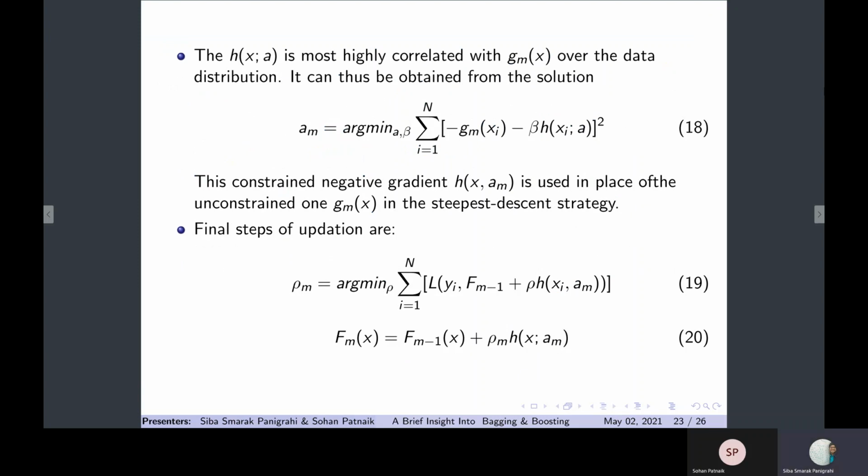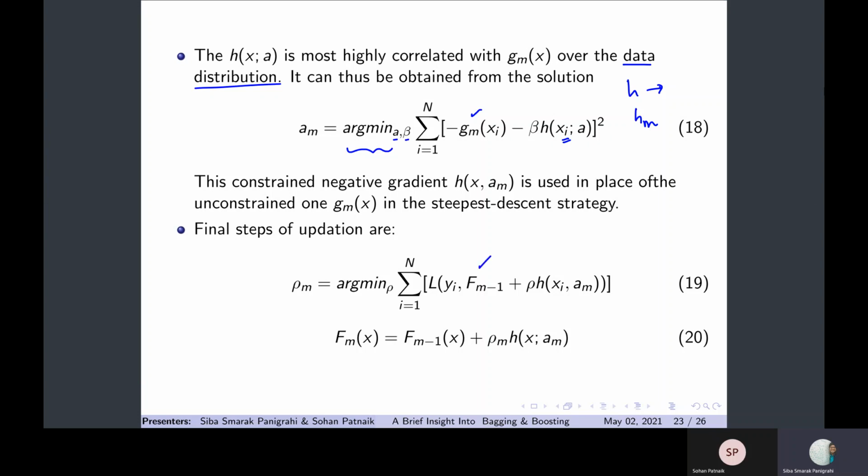This h x a is highly correlated with g m x over the data distribution. This is important. We can say everything about the data distribution because we have the information, and this g is defined over the data distribution only. So our idea is h is for any x, but this h m, which is obtained by putting h of x i instead of h of x, should be most highly correlated with g m of x. So we find the parameters a and beta such that this summation is minimized. Now instead of using g m, we use h x. Why is that?